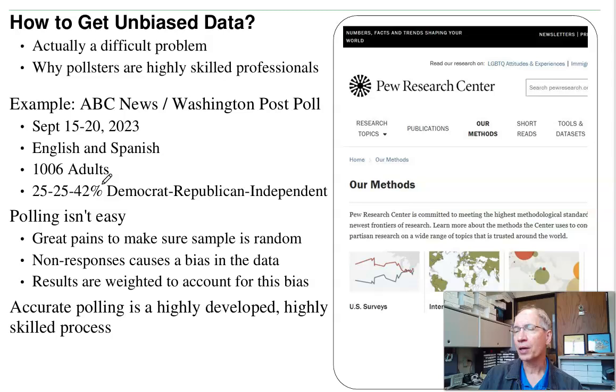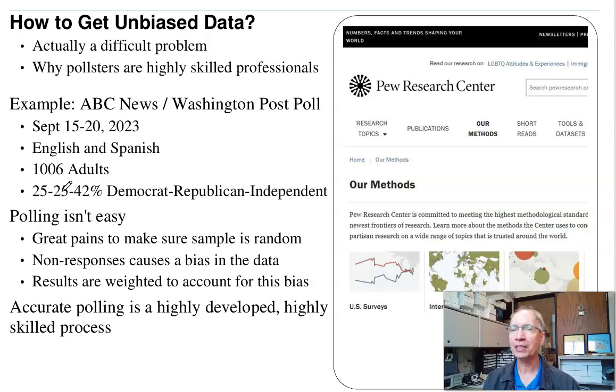And even then, polling isn't easy. When you poll people, not everybody responds. Well, if it turns out that you have a disproportionate number of one party responding versus the other, that's going to bias your results. So professional pollsters have to take the data and weight it so that you have proportionate representation of different groups.